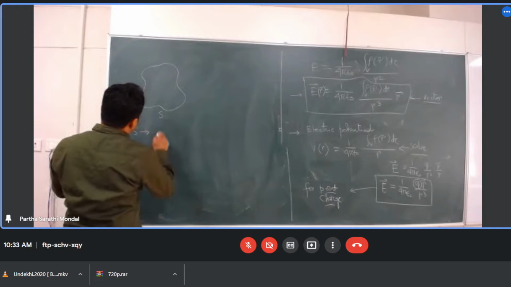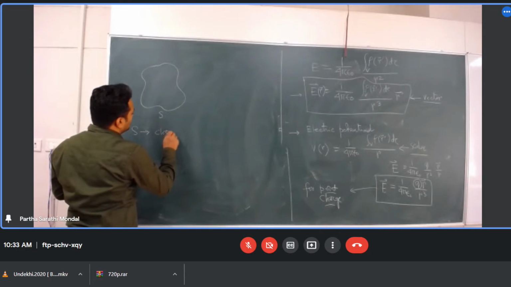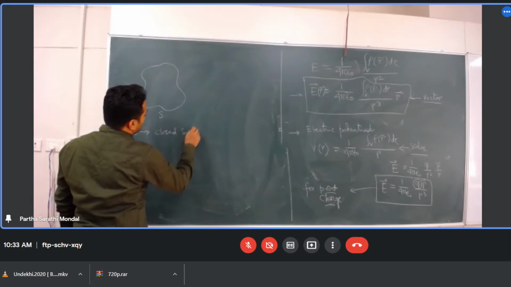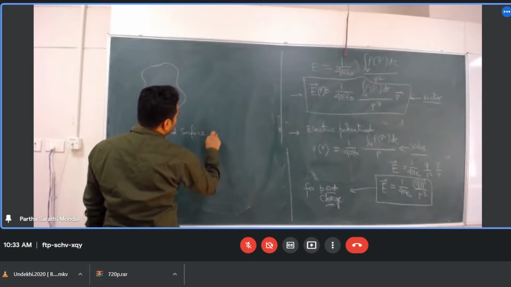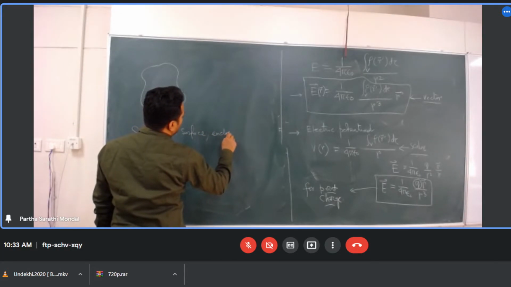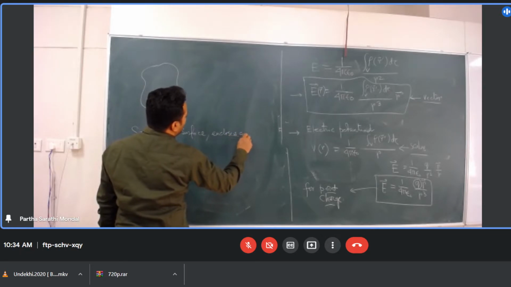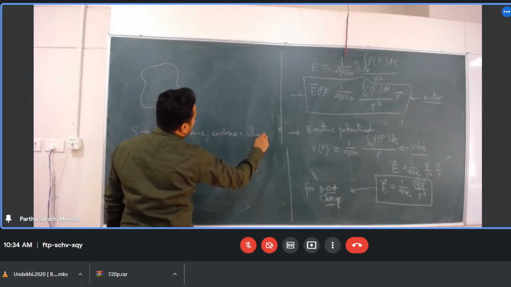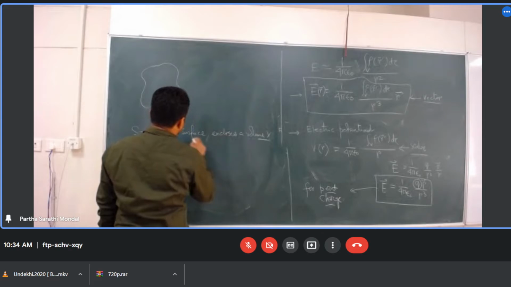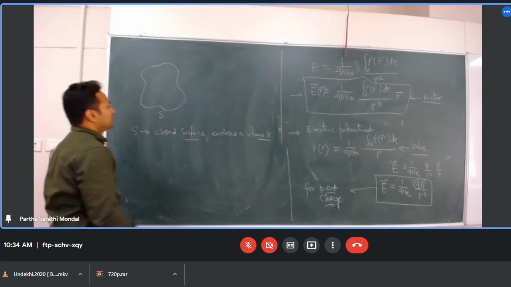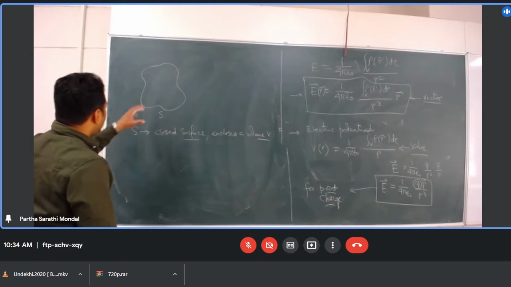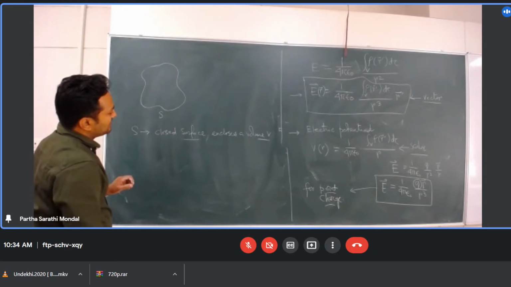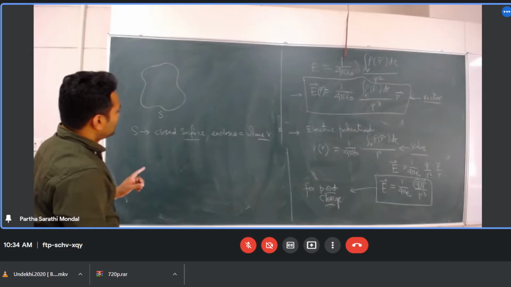Let's say S is a closed surface, which encloses a volume V. So that means इसका volume V है, surface S से उसको enclose किया है.